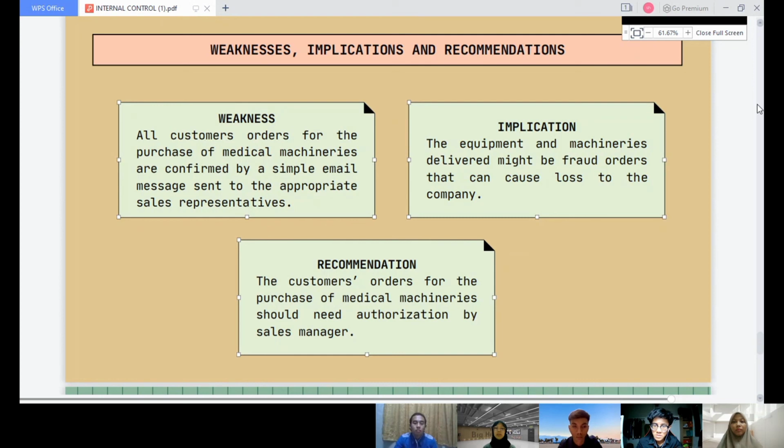So to improve the situation, the customer's orders for the purchase of medical machineries should need authorization first by the sales manager. Then the customer's order should also be confirmed by forwarding a full and detailed authorized purchase order to Yusri Sdn Bhd's premises.